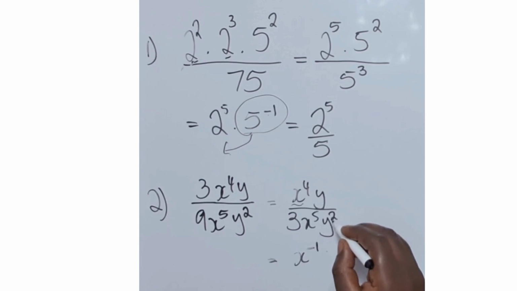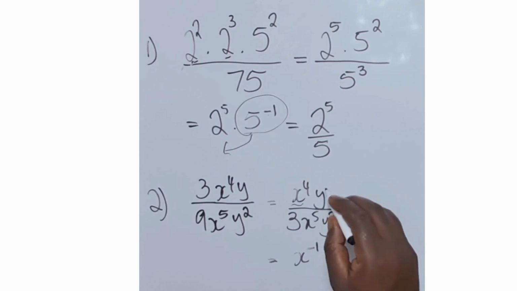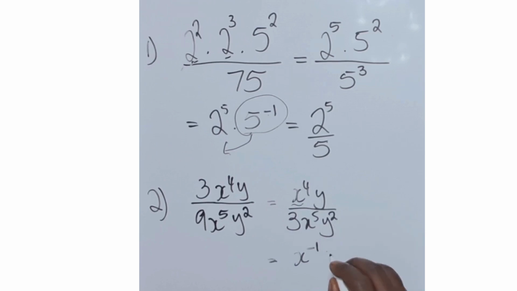And y to the power 1 minus 2, which is y to the minus 1, divided by 3. To simplify, we can bring this to the bottom and then the exponents become positive. So we're going to have 1 divided by 3xy. Okay. So this will be our final answer.